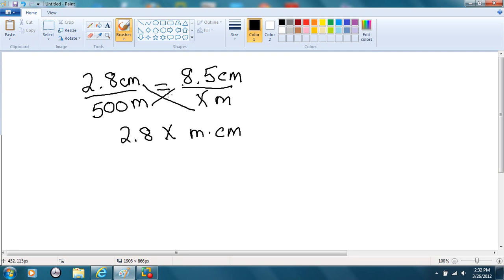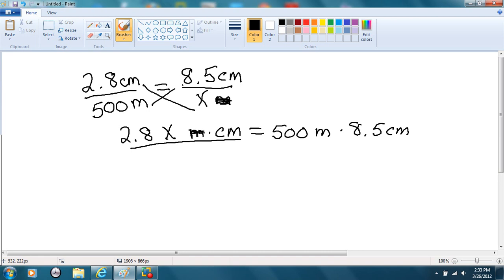Now I'm going to go 500 times 8.5, and so all this is equal to 500 meters times 8.5 centimeters. Well, I want to get x by itself, so I'm going to divide. Actually, I didn't need this meter here because we're going to get rid of that.